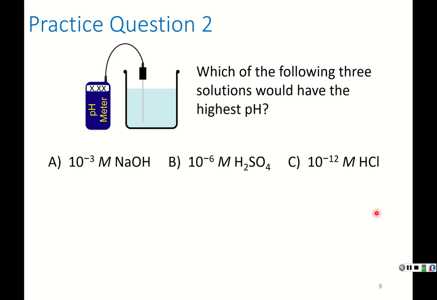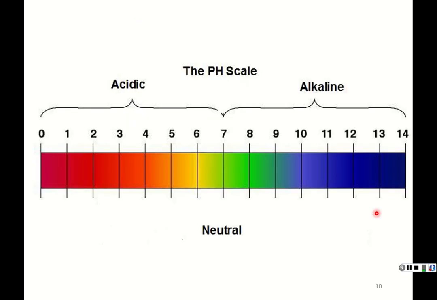We haven't talked about pH yet, but just a little ahead, the pH scale goes from 0 to 14, with 0 to 7 being the acidic range, and 7 to 14 being the basic range. If you're neutral, you'd be right at 7. So a higher pH means you're going to be more basic.